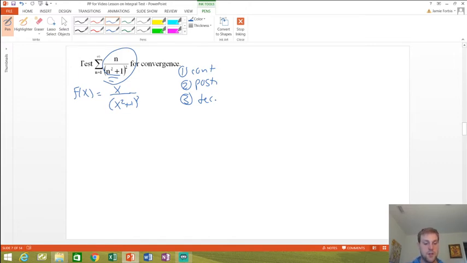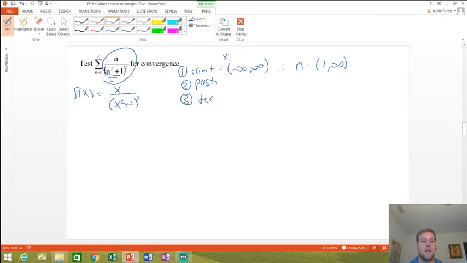This is a rational function, so it's continuous for every value except what makes the bottom 0, and the bottom can never be 0 because it's x squared plus 1. So there's no way to get that to 0. So we'll say negative infinity to positive infinity for x, and therefore for n, it would be continuous from 1 to infinity.